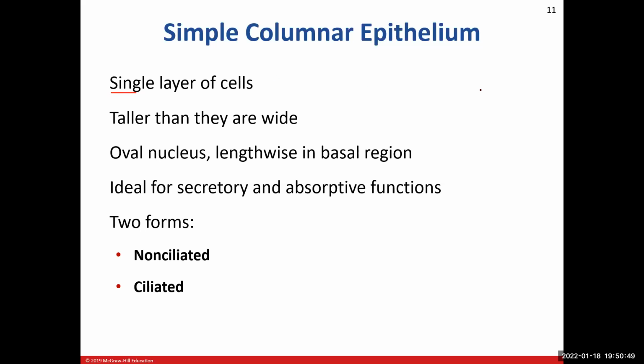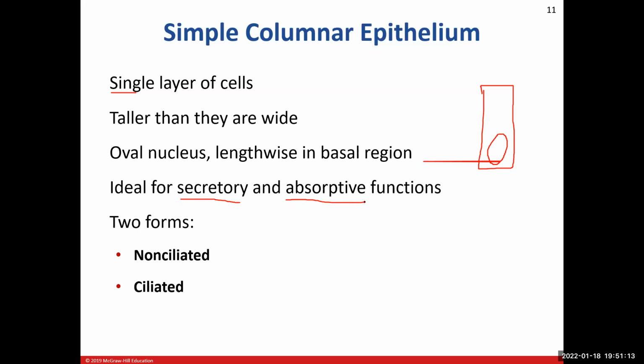And so these cells are going to have a nucleus, as all cells or most cells do, but the nucleus is going to be found towards the bottom of the cell, or what we call the basilar region. And it looks like an egg, okay, nice oval nucleus. So this type of epithelium is ideal for secreting stuff and absorbing things.